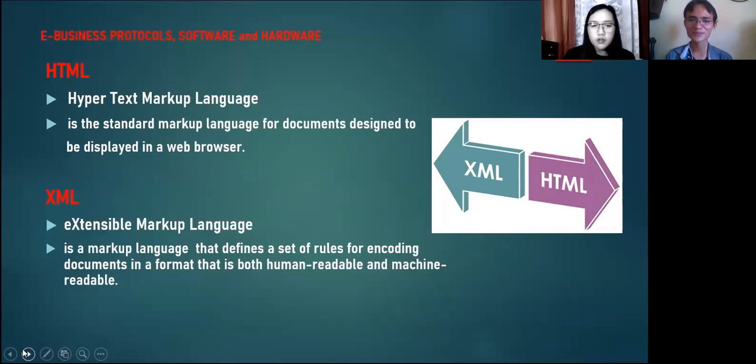But the prior difference is that in XML, there are no provisions for defining new elements, while HTML doesn't provide a specification to define new elements, and it uses predefined tags. So XML can be used to build markup languages, while HTML basically is itself a markup language.